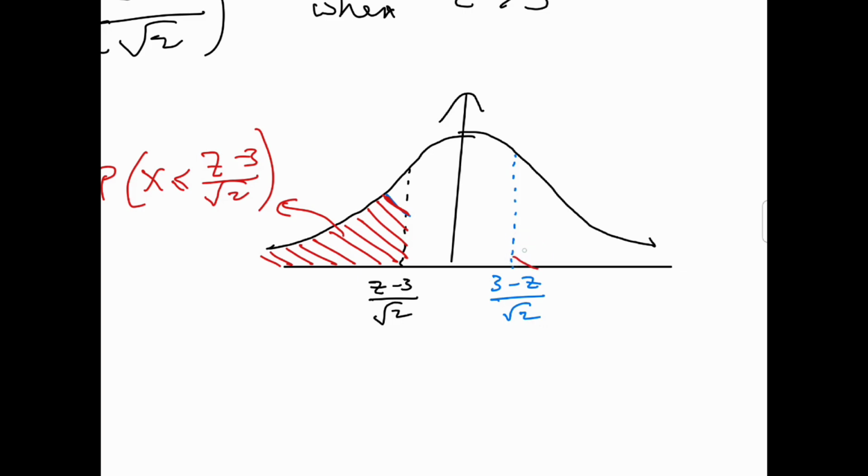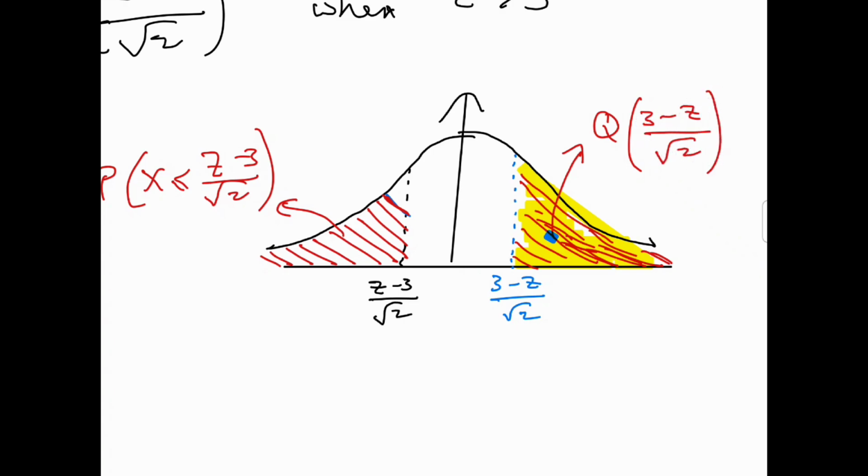Then one can notice that, using the symmetry, this area is given by Q of 3 minus z divided by root 2.